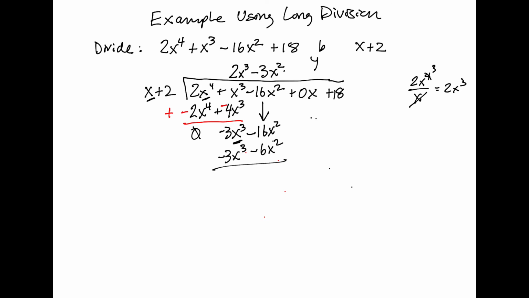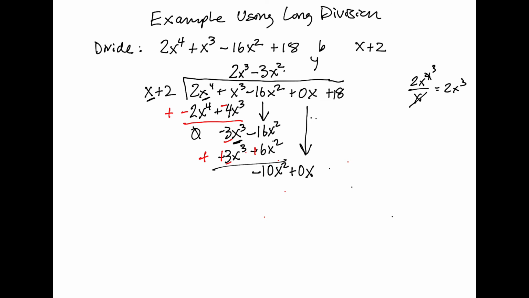These should end up the same, right, until we add the opposite. Then they become the opposite. So plus, that becomes positive. So we have a negative 3 and a positive 3x cubed. And this also becomes positive. And we add straight down. Negative 16x squared plus 6x squared gives me negative 10x squared. Bring down the next number here, 0x.